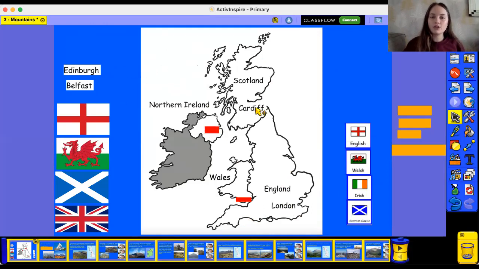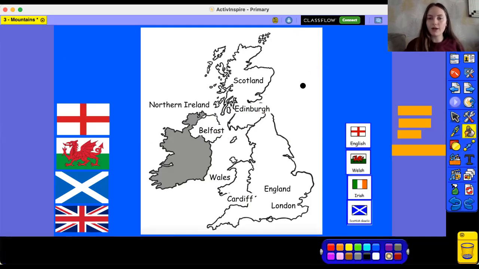Northern Ireland, Scotland, or Wales? Brilliant. It is Wales. Well done. Edinburgh. Is that Northern Ireland's capital city or Scotland's capital city? It's Scotland's. Fantastic. And last of all, we've got Belfast. Where is Belfast the capital? It has to be Northern Ireland because that's the only one left. Brilliant. Well done.